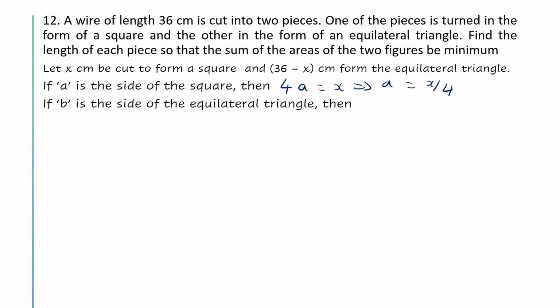If b is the side of the equilateral triangle, then 3b equal to 36 minus x, or b is equal to 12 minus x by 3.